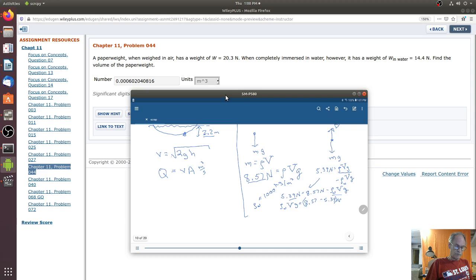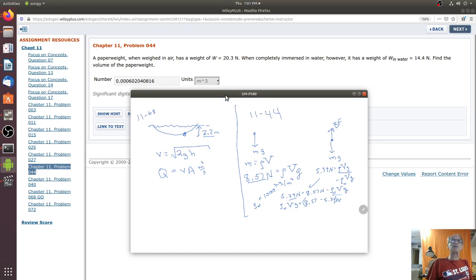So the 8.57, which is the weight, no, 20.3. I was doing a different numerical example when I was working that out. 20.3 in my case would be equal to the density of the paperweight, which I'm just calling rho, times the volume of the paperweight times g.